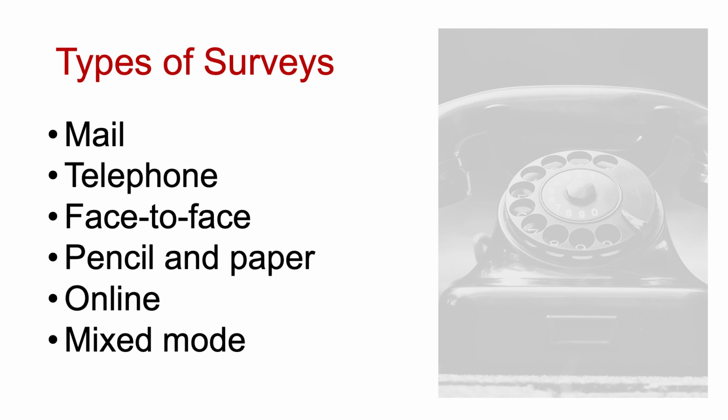Many different types that you might have experienced in your lives. Just to talk about 6 quickly. Mail surveys, not used quite as much as they used to be anymore, but since you're doing a paper survey and you're sending it out via mail, hoping that folks fill it out and send it back to you.